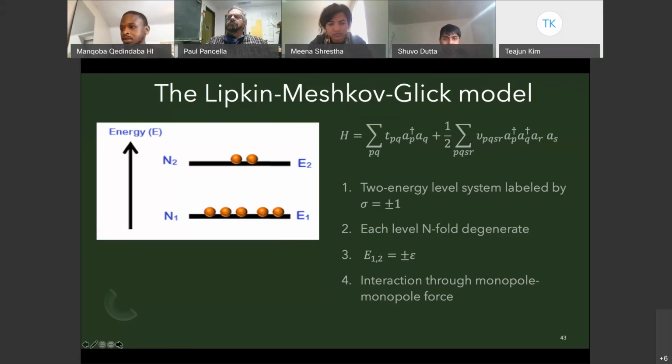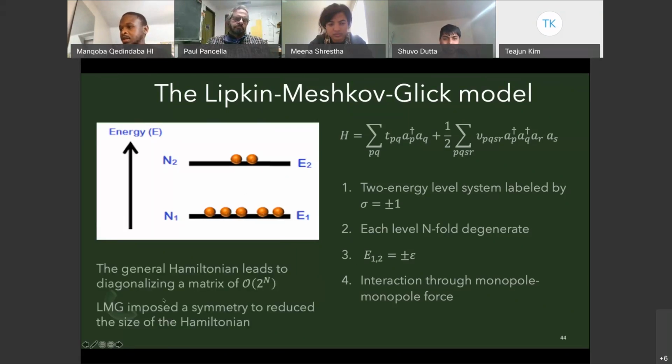What LMG realized is that if you look at the general Hamiltonian, it's very huge. It's like 2 to the power n, where n is the number of particles. Very huge if you have so many particles. But you can impose some symmetry to reduce the size of the Hamiltonian.